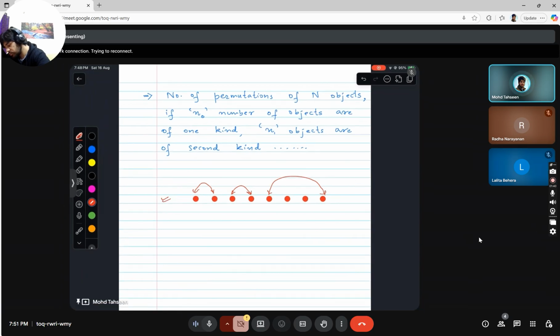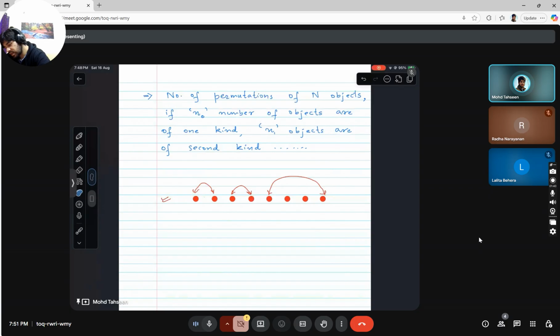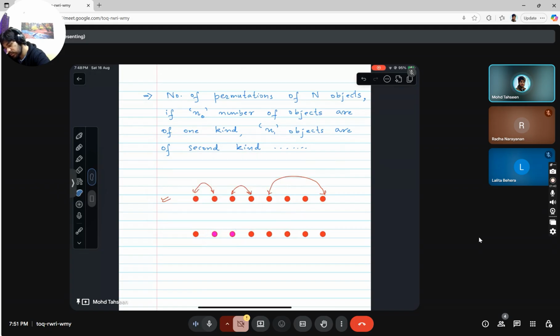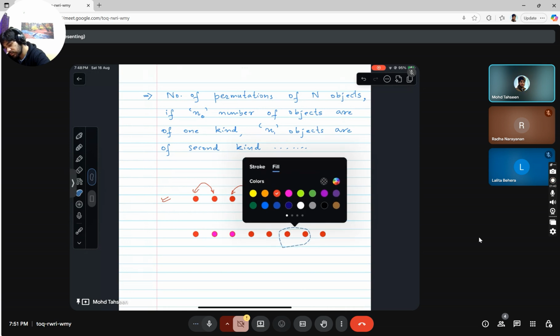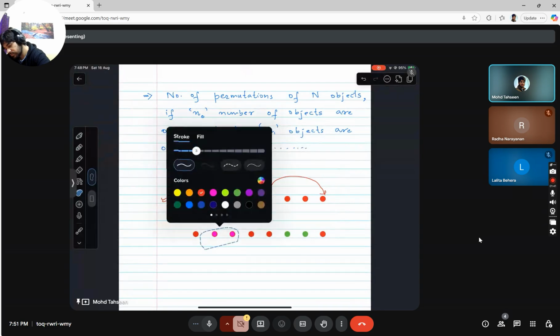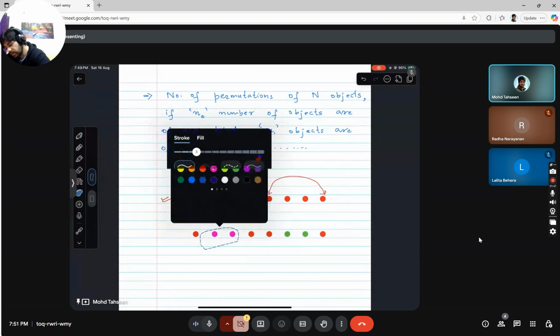What is case 2? Now let's say that I have the same number of balls, okay, but 2 of them are, let's say, pink, and maybe two of them are green, right.